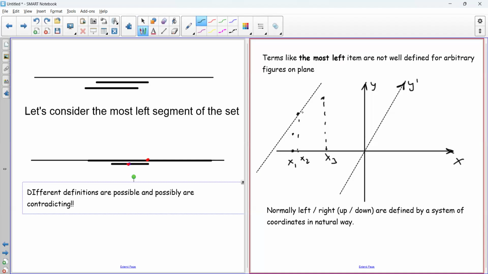And that means that you should be more attentive to them. I saw tons of mistakes made because of some misunderstanding. A student's own solution was worded with these terms, left segment, right segment, without specifying.